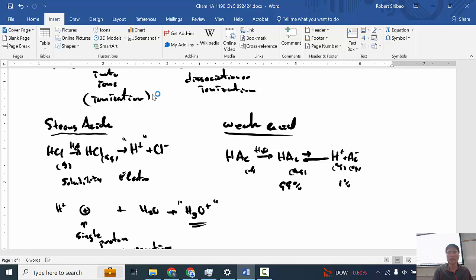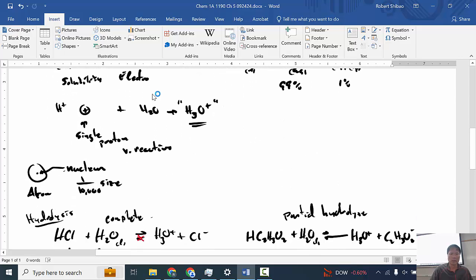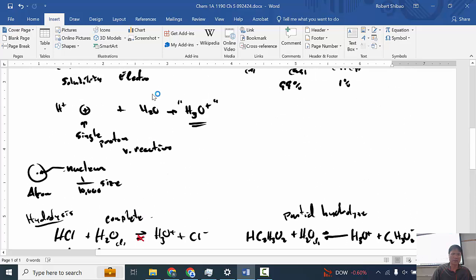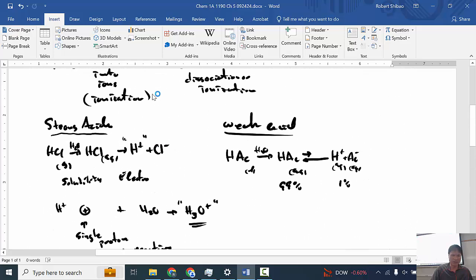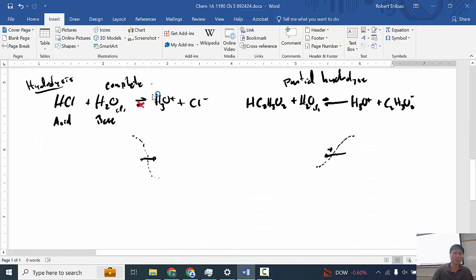All right, let's take a look at a non-electrolyte over here. A non-electrolyte would be, if it's not a strong acid, it's not a weak acid. Actually, before I go to non-electrolytes, what else are strong electrolytes? The strong bases.